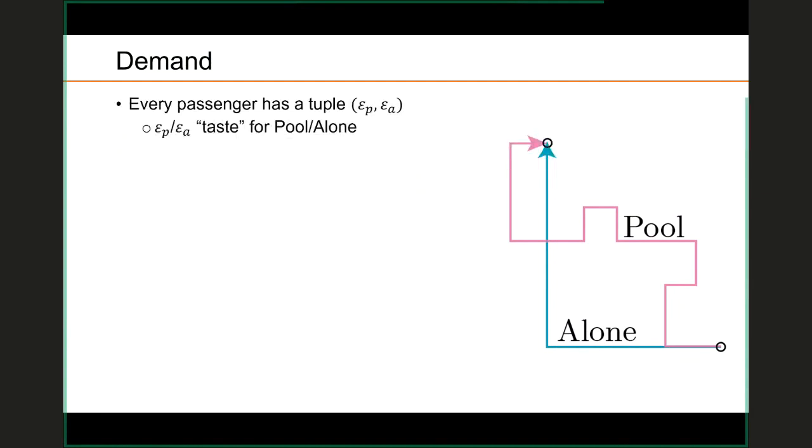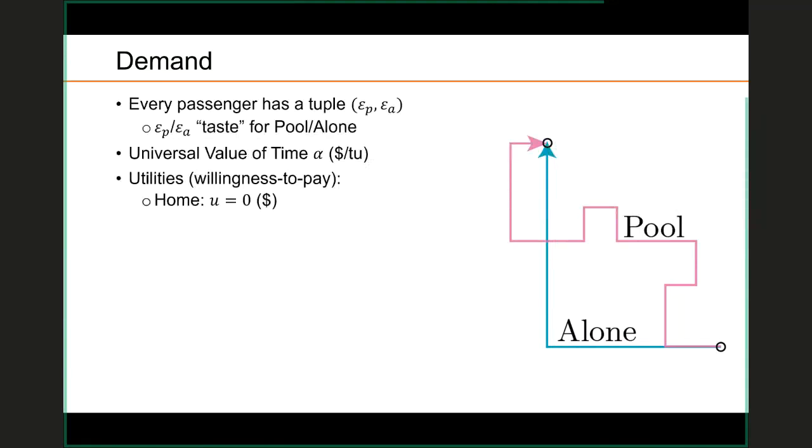It effectively is what kind of benefit they derive from taking a pool trip or an alone trip. Then they trade off that benefit by the time cost of each mode. So there's a universal value of time, alpha. That's just a simplifying assumption. You could do the same thing with a variable value of time. And then you wind up with the utilities, the willingness to pay of the different modes being home. Just staying home, you get a utility of 0.